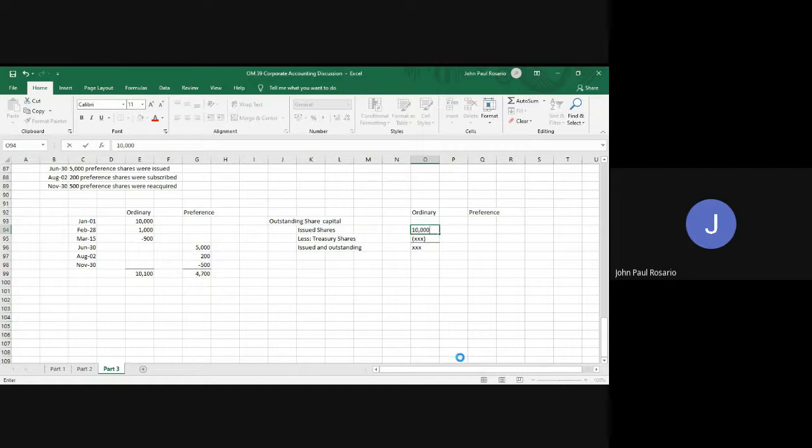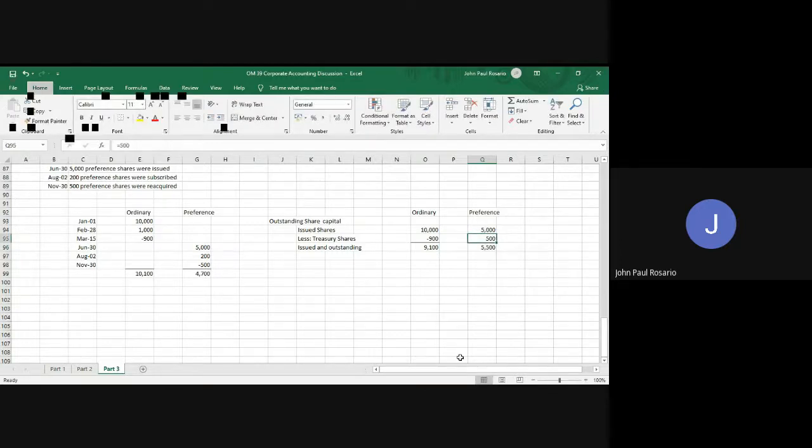For ordinary, 10,000 issued, less treasury shares of 900, so our issued and outstanding is 9,100. For preference, it's 5,000 less 500.